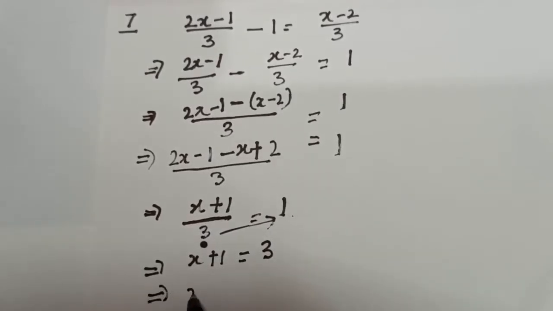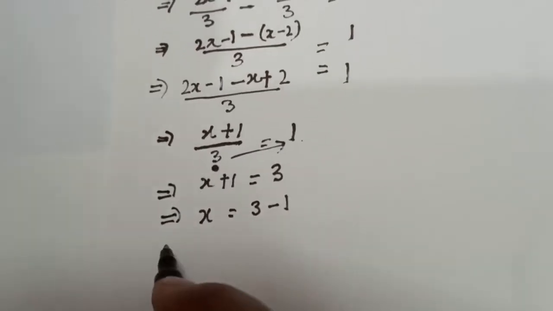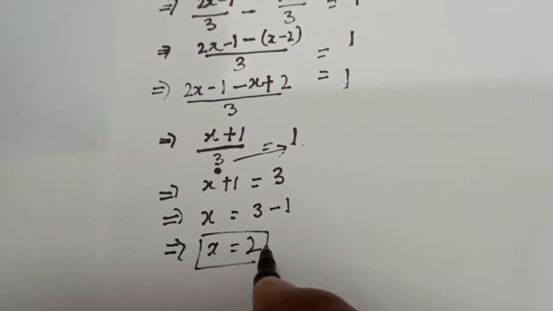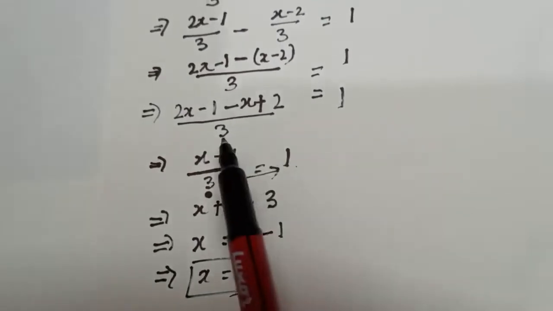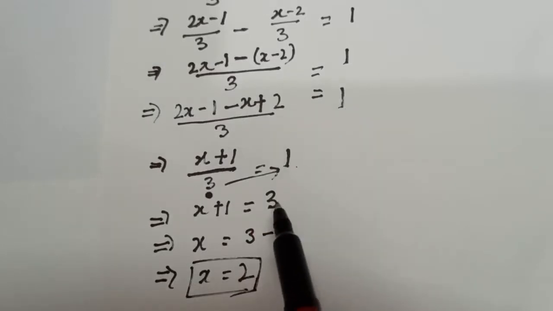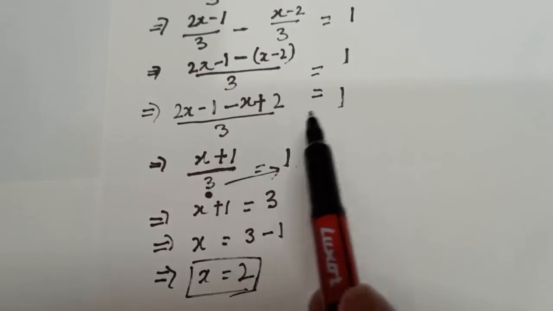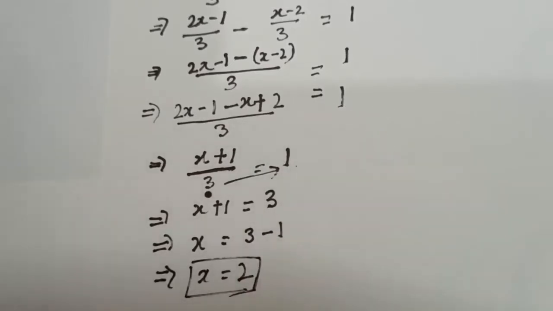Now this plus 1 will be shifted as minus 1 to the other side. So you will get x is equal to 2 as the answer. So be very careful here, 3 was in the denominator, we shifted it to the other side, it is multiplying on the other side. Alright, so division is changing to multiplication in these questions.